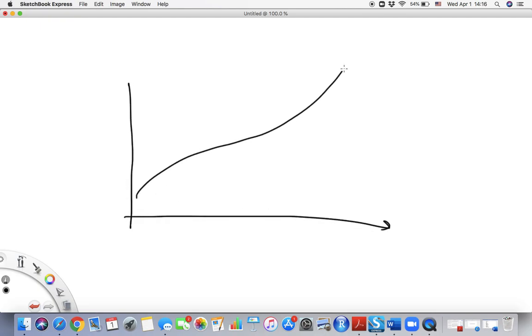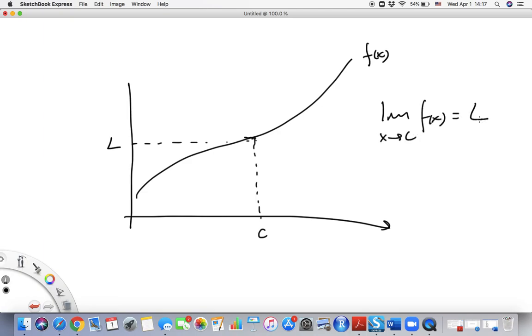So graphically, here is a more intuitive graph. Say this is our function. Say this point, let's call it c. So this is our cluster point. Okay, so this is f of x. Let's say this point on the y-axis is L, and we claim that the limit as x goes to c of f of x is equal to L. And why is that?